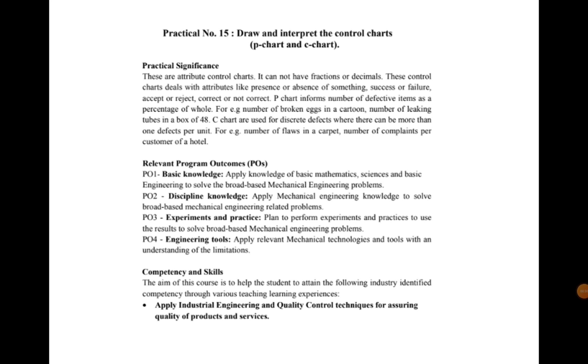Here we get a control chart in which we should not have a frequency and decimal. Now in this we will be utilizing the p chart information, the number of defects per item and the percentage of the whole. For example, the number of broken eggs in a carton and the number of leaking tubes in a box.